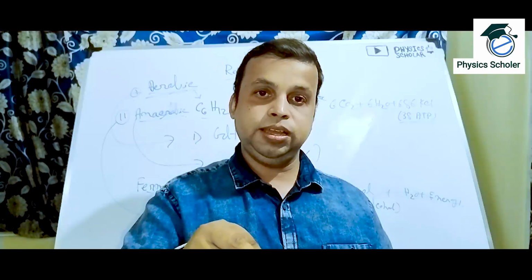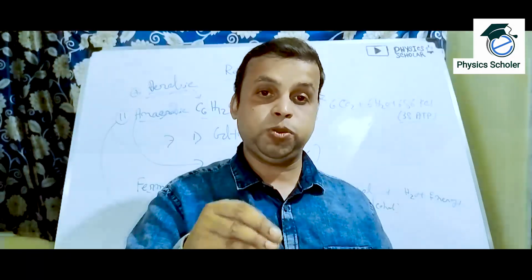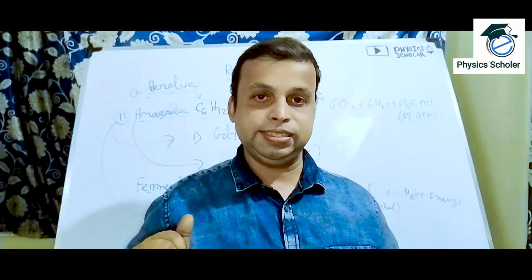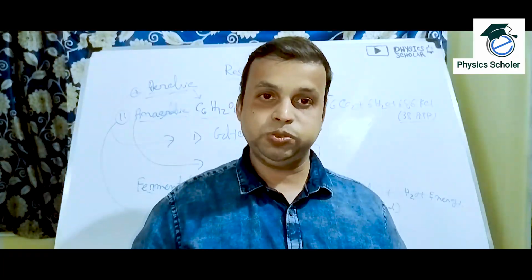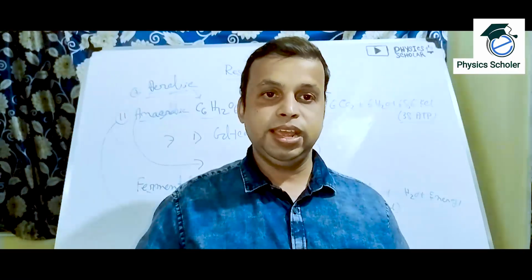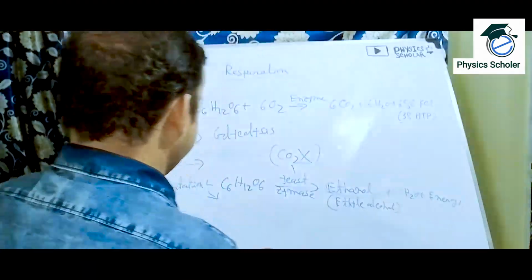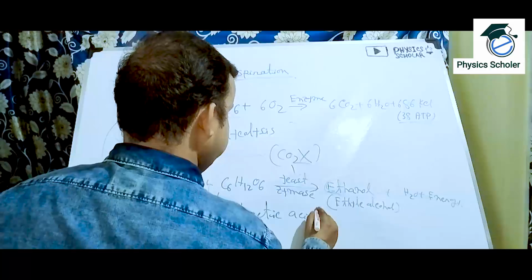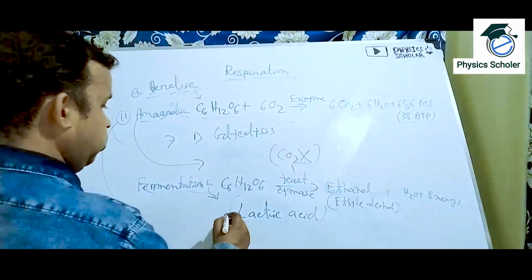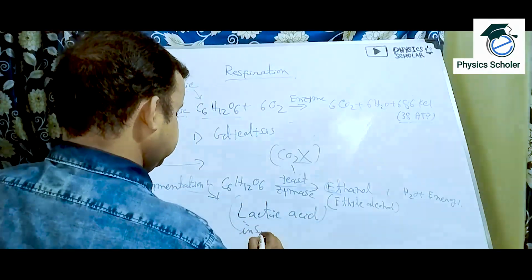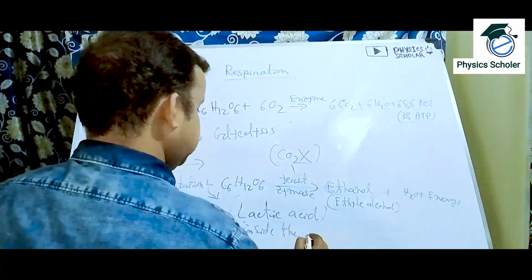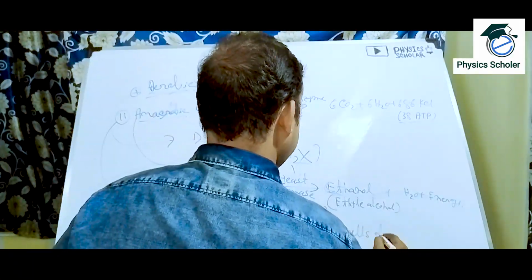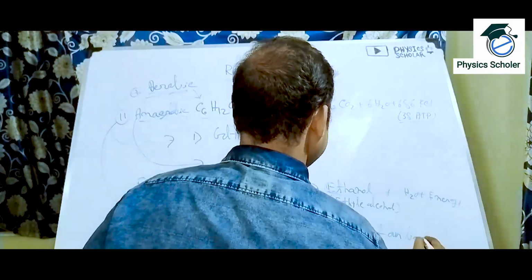Without the presence of oxygen, partial burning of food will take place, and lactic acid will be produced inside the muscle cells of our body.